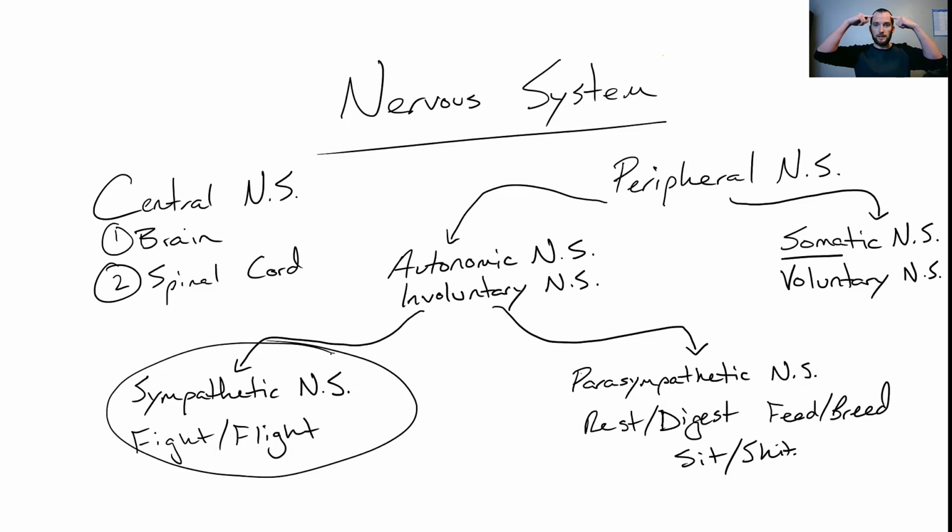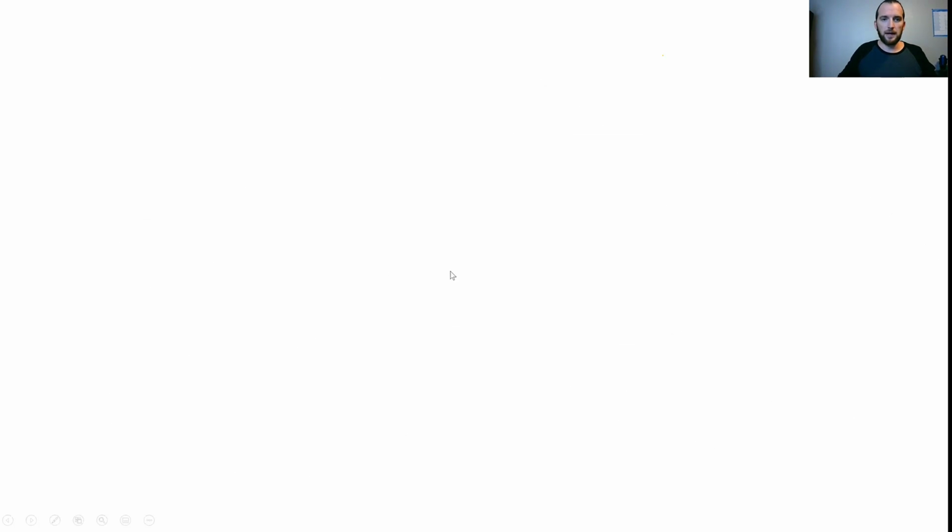Because everything gets controlled at the end of the day by the brain. So everything else is a response of the brain sending the signals out, doing the things that it decides it needs to do, right?